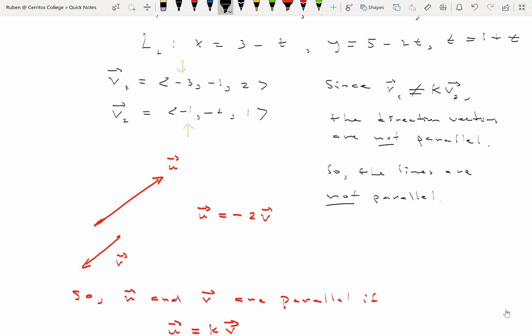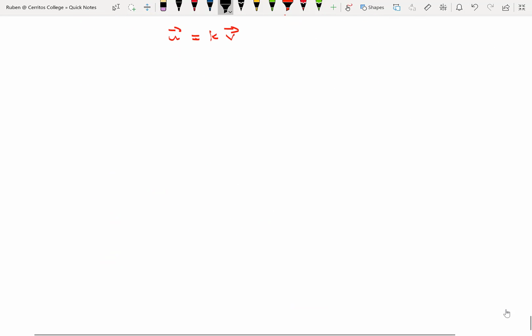One of the planes could be at an altitude higher than the other. So if lines are not parallel and they don't intersect, and this can only happen in 3 space, they're called skew. S-K-E-W.